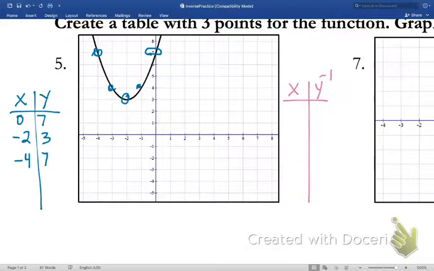So remember, we're going to switch the x and the y. So that becomes (7, 0), (3, -2), and (-4, 7) becomes (7, -4). Okay, so now let's put those on the graph. So (7, 0), (3, -2), and (-4, 7).